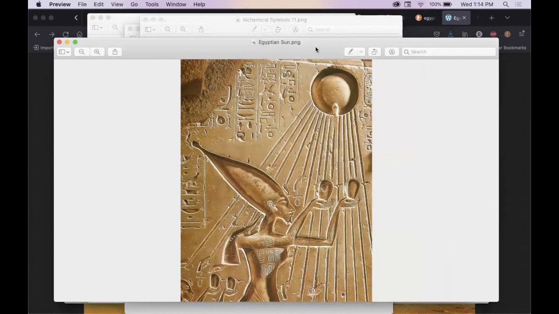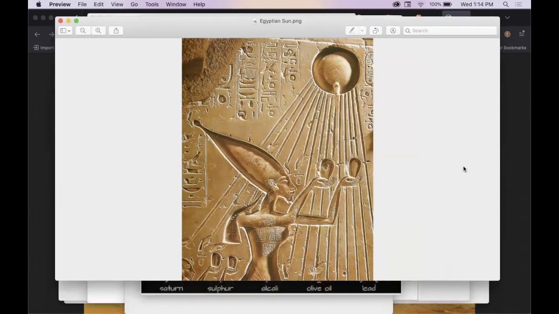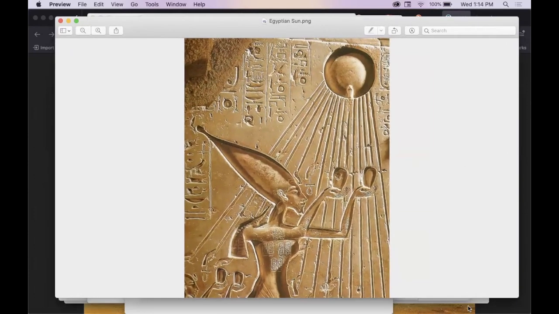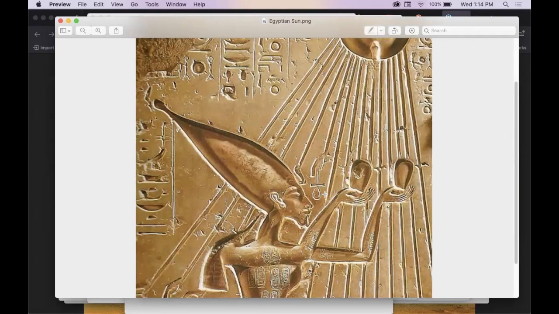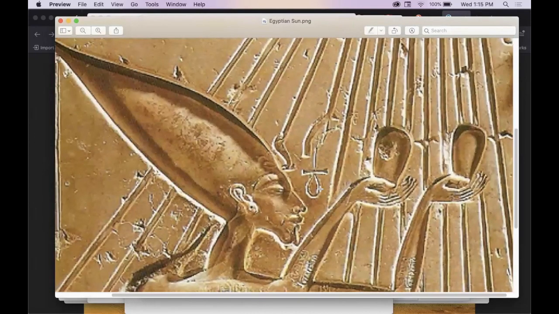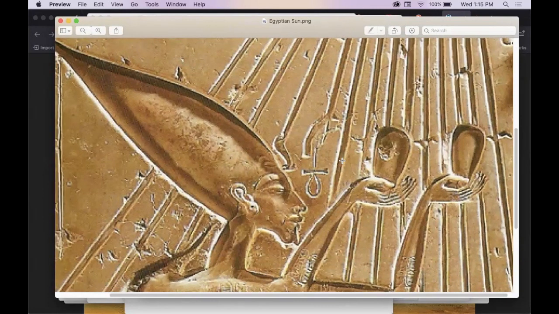Now, here is an image that's carved into one of the different buildings in Egypt. I want to show you what I see here. If you zoom in, you can see the upside down ankh. It's like a water drop. And so I was like, wow, okay.